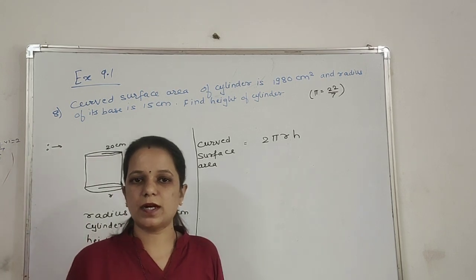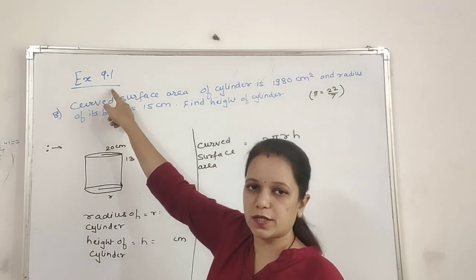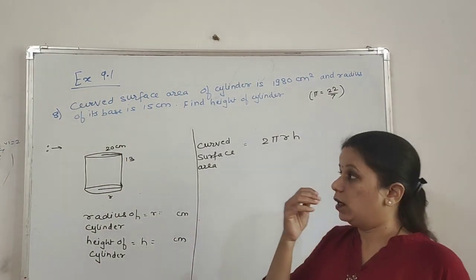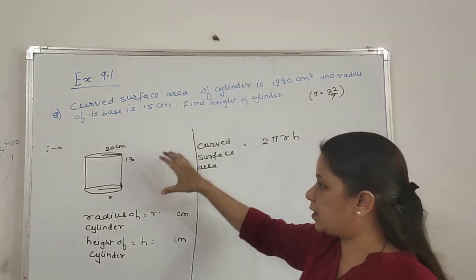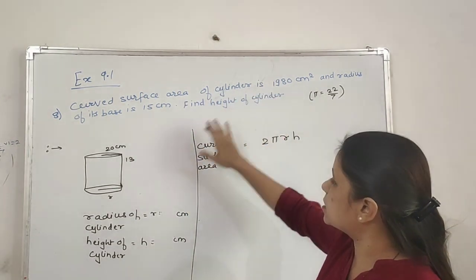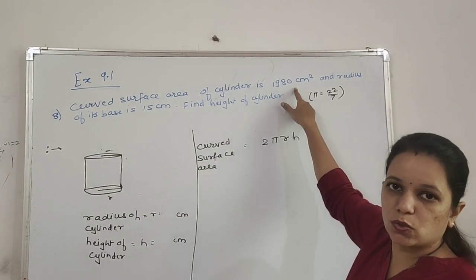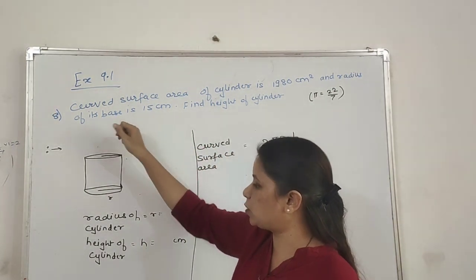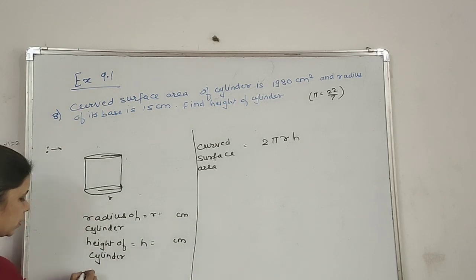Okay. Now we will come to the last question of exercise 9.1, question number 8. I'll just quickly read out the question for you. The curved surface area of the cylinder, the figure given is a cylinder here, is 1980 centimeter square. So the curved surface area is given to you as 1980. So here I will just note it down.